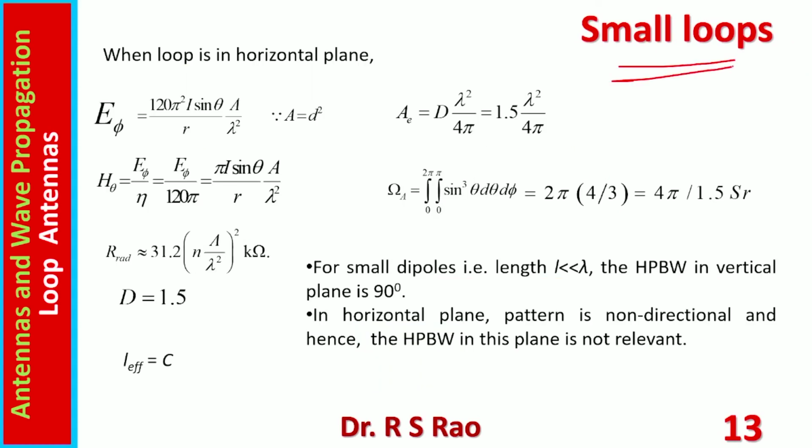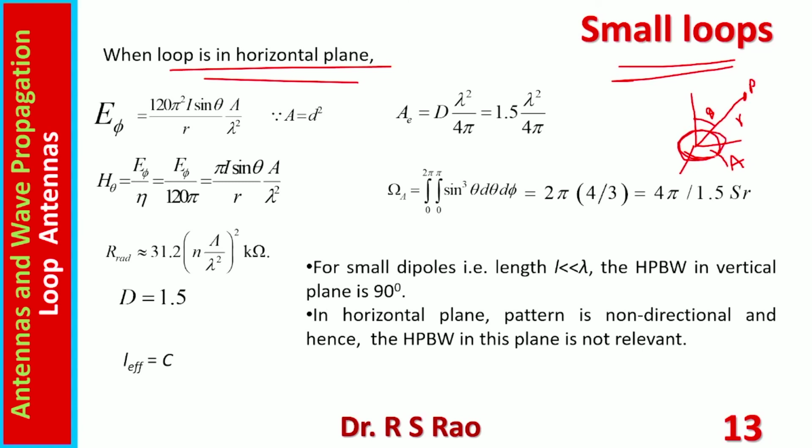Certain data is given here regarding small loops. When the loop is in the horizontal plane, that is, in the XY plane like this, and it is small, let us say the field point is here at a distance of r. This is angle theta. Area of the loop is A. I is the current, assumed to be uniform.